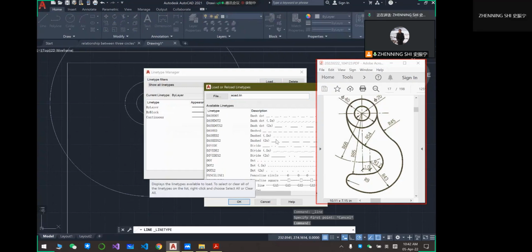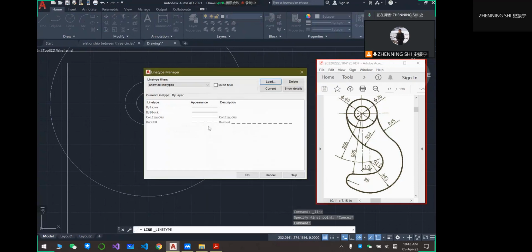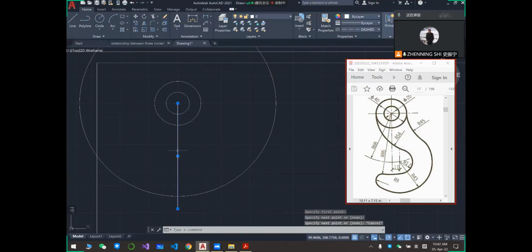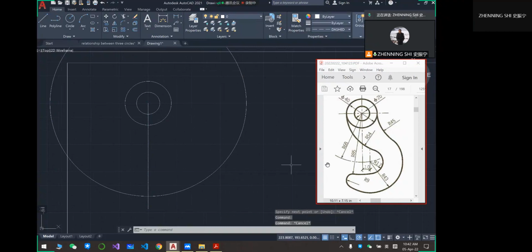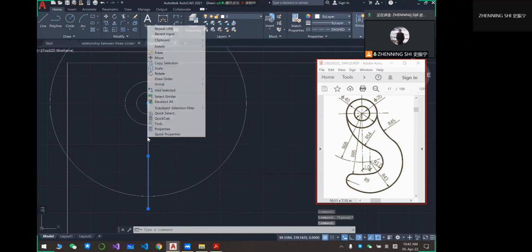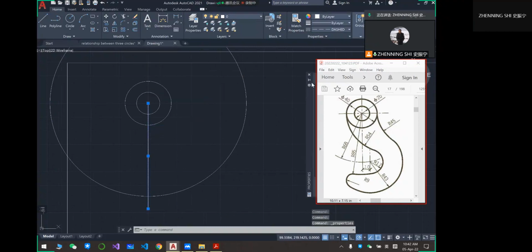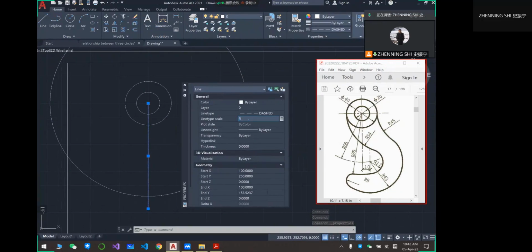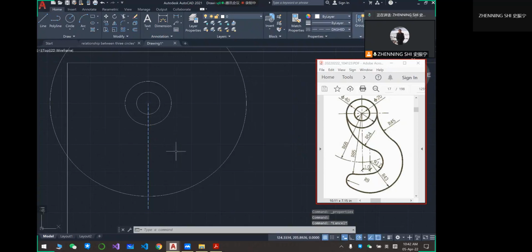I hope you can remember how to change the line style. Now I get a dash line and I change the line type scale to 5. Okay, I think it's better.